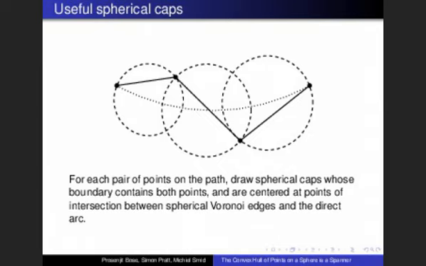And every time we follow an edge, that means there are 2 points, and that the direct arc intersected with a Voronoi boundary. What we do is we use that intersection point as the center of a circle on which lie 2 points on our path, 2 adjacent points on our path connected by a spherical edge, by direct arc. And we use that circle to define a spherical cap.